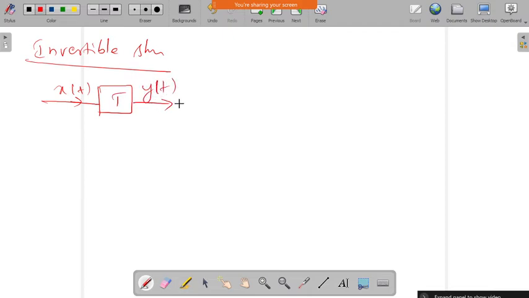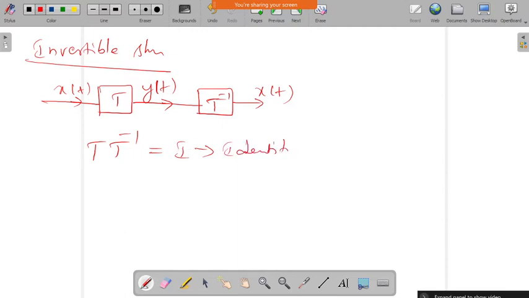If I send this output to the inverse of this system, and I am able to recover my original signal x of t, then we can say T inverse is the inverse of the system T. If you multiply these two system functions, T into T inverse, we get I, which is called the identity operator.